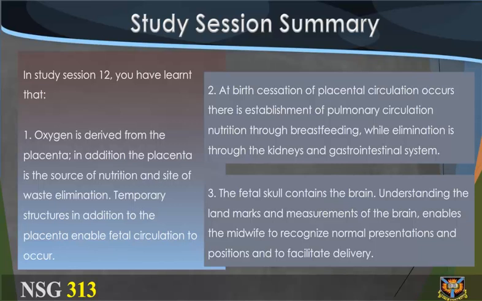There is establishment of pulmonary circulation, nutrition through breastfeeding, while elimination is through the kidneys and gastrointestinal system. 3. The fetal skull contains the brain. Understanding the landmarks and measurements of the skull enables the midwife to recognize normal presentations and positions to facilitate delivery.